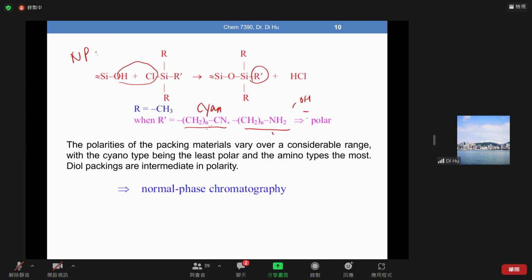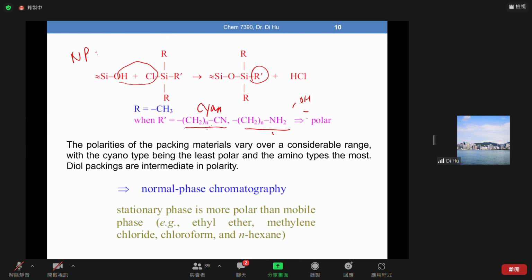For normal phase, we know the stationary phase is more polar than the mobile phase, so it will retain the polar compound, right? The mobile phase is often hexane. The function of hexane in normal phase is similar to the function of water in reverse phase.